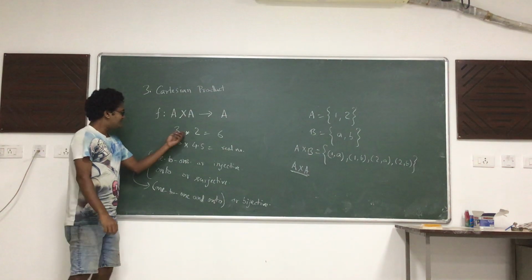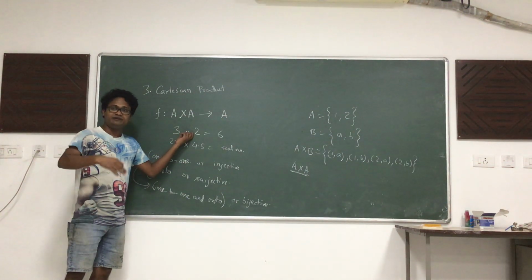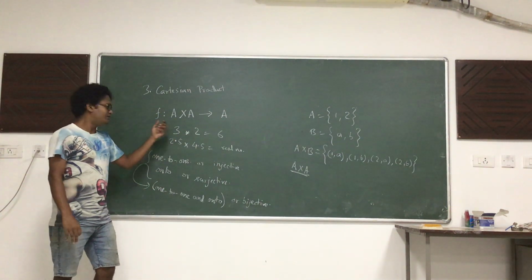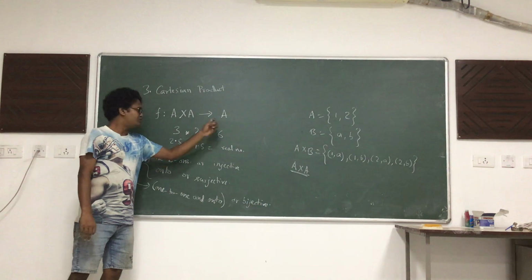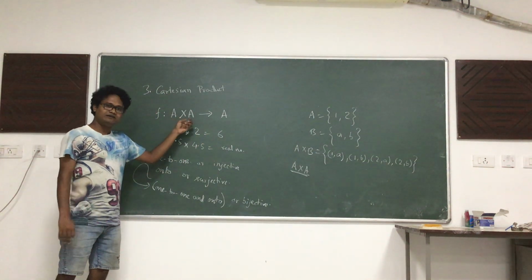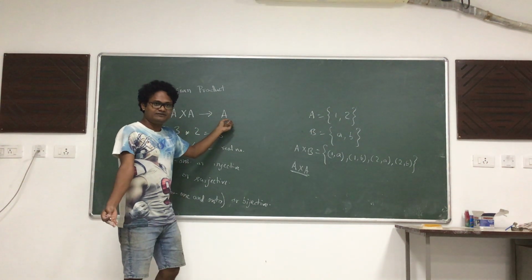Right? So the operation multiplication we define can be thought of as a mapping from R cross R to R itself, or maybe from the integer set times the integer set to the integer set itself.